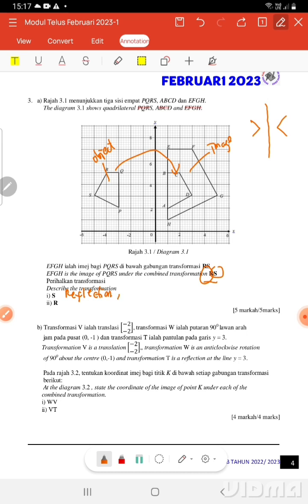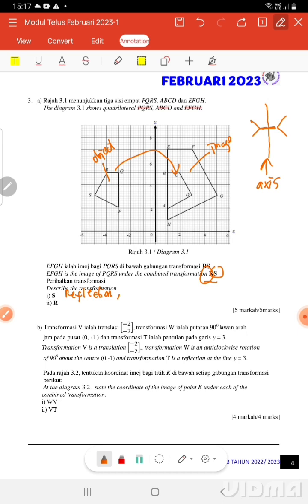Then for reflection you must state the axis of reflection. When you get far away from the mirror, you will see your image getting smaller, right? Same here.